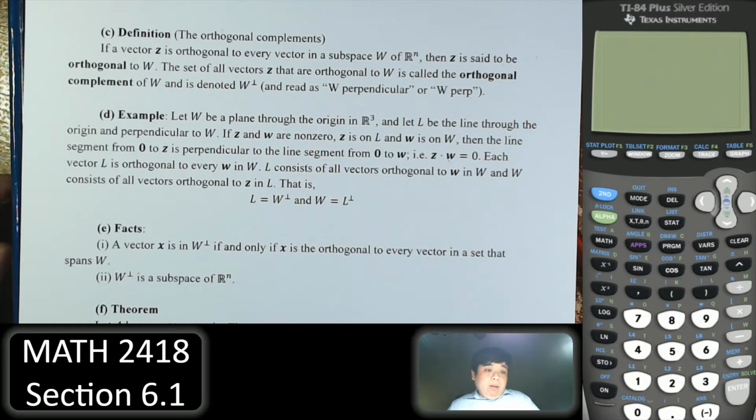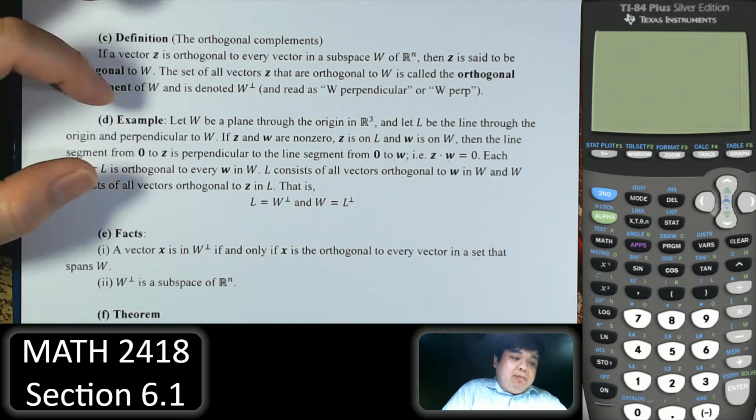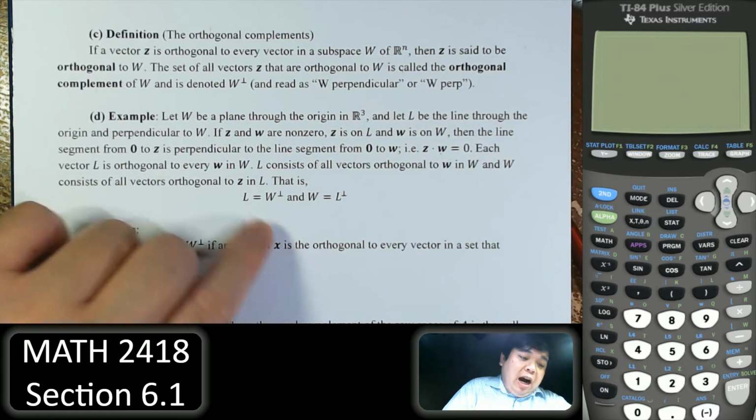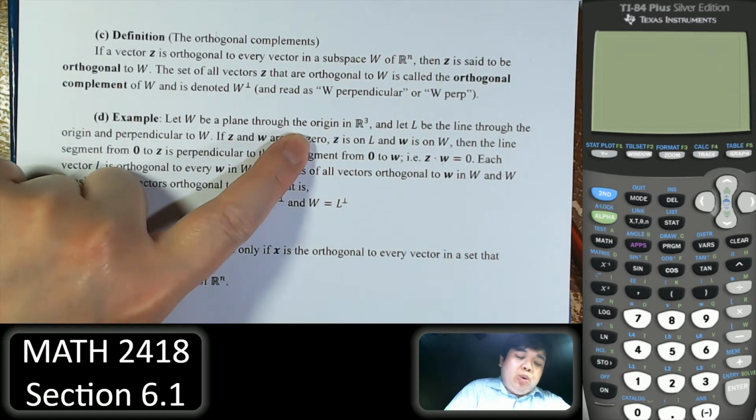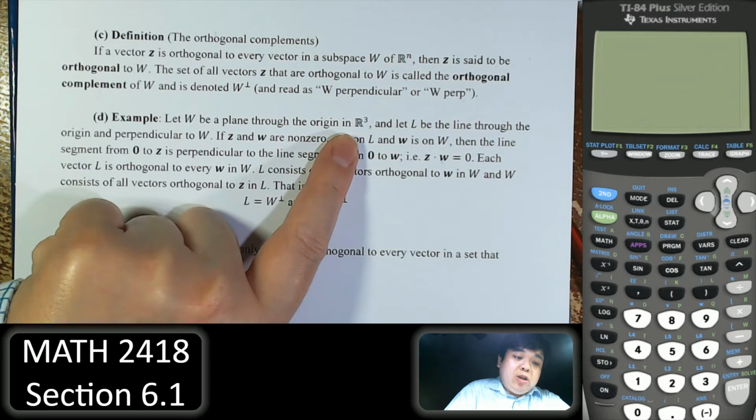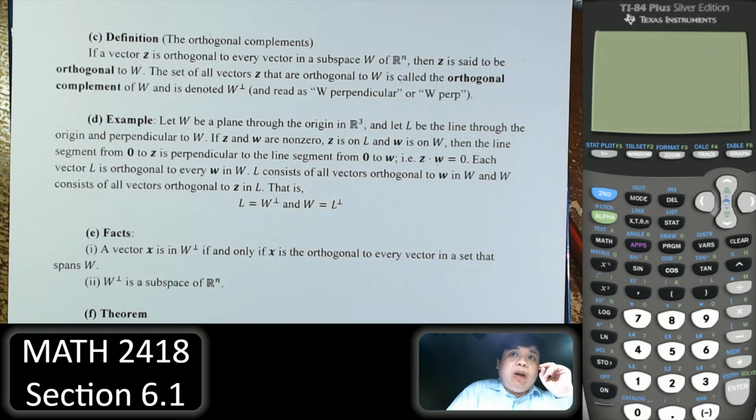Now, here says an example of that. Let W be a plane through the origin in R3. So W is a plane, so therefore we need two vectors for the basis, because a plane is a two-dimensional object.